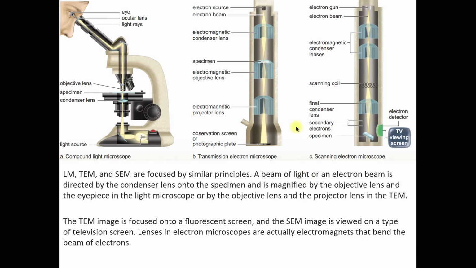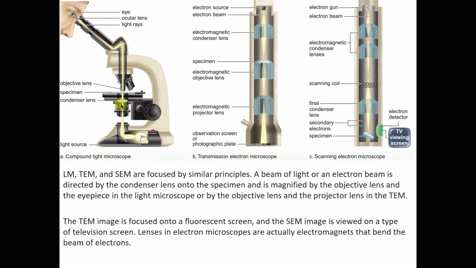Okay, so now, for your level, you must be able to differentiate between these three microscopes: the light microscope, the transmission electron microscope and the scanning electron microscope. These three microscopes work on a similar principle, in which a beam of light or electron beam is directed at the condenser lens.